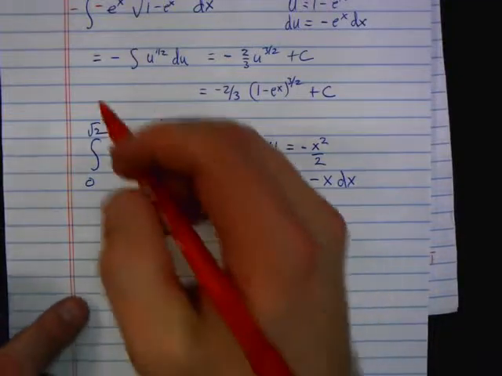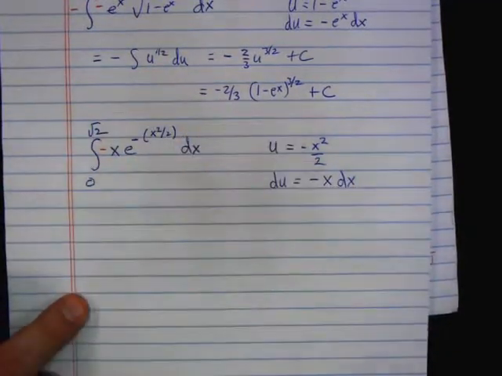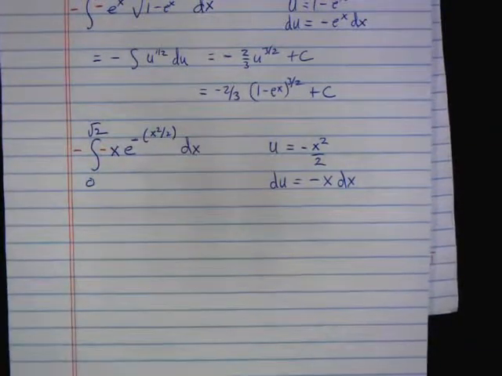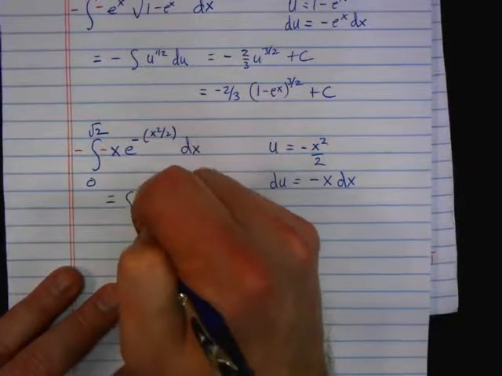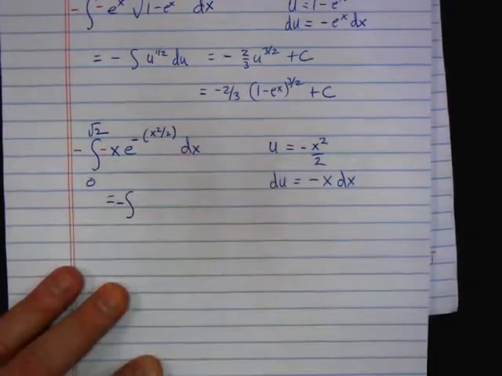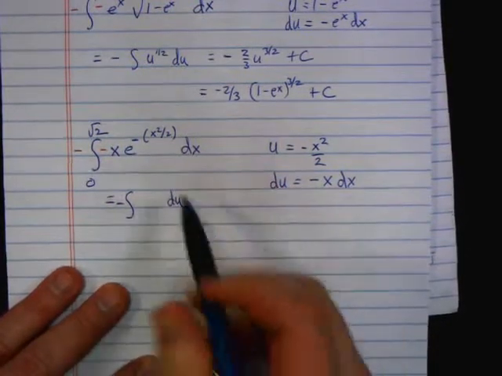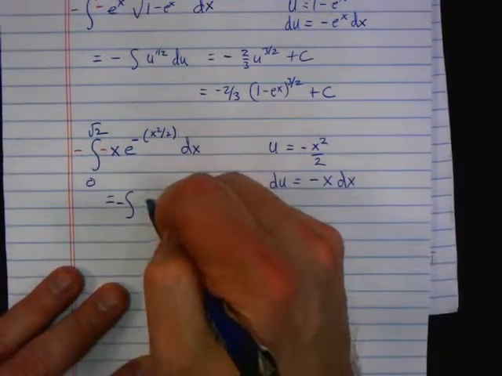All right, so kind of the same deal. I need to throw a minus sign in there to make my negative x dx. Balance it out with a minus sign there. This becomes the integral. I've got a minus sign out front. The negative x dx, all that became du. The e to that power, that became e to the u.